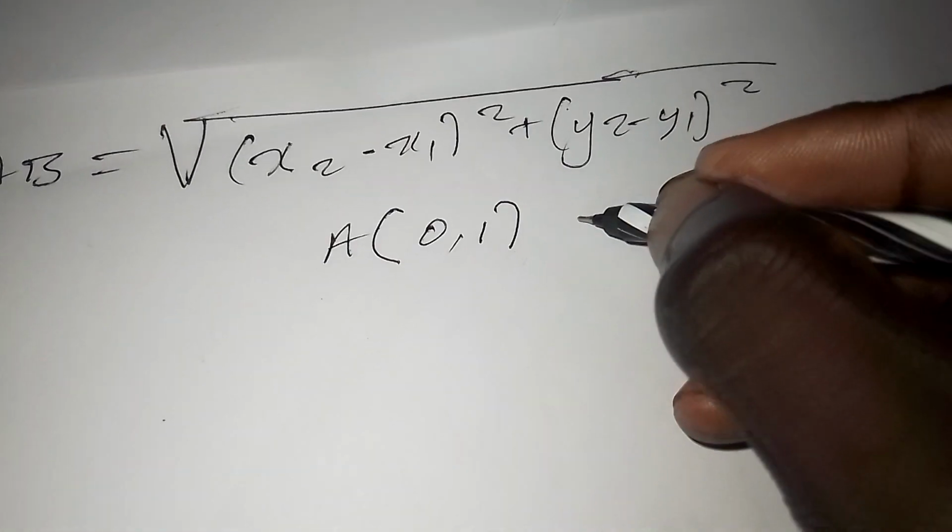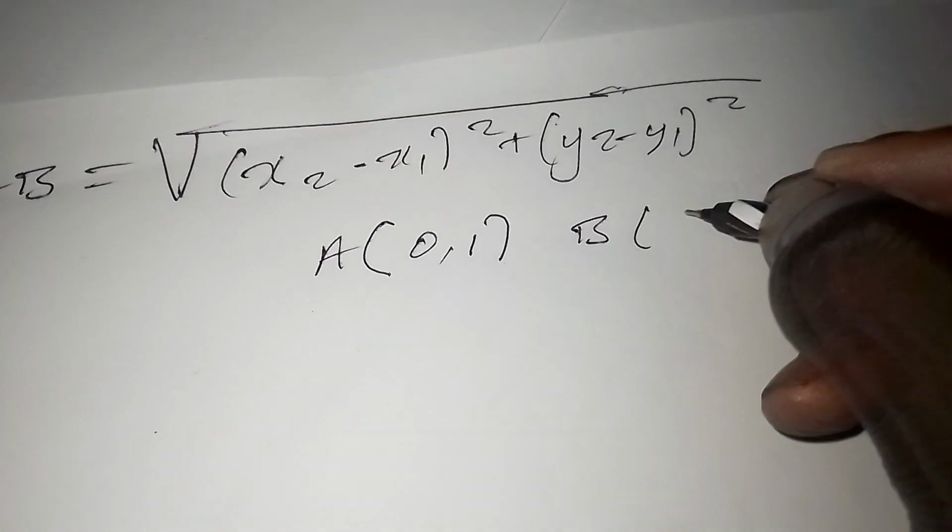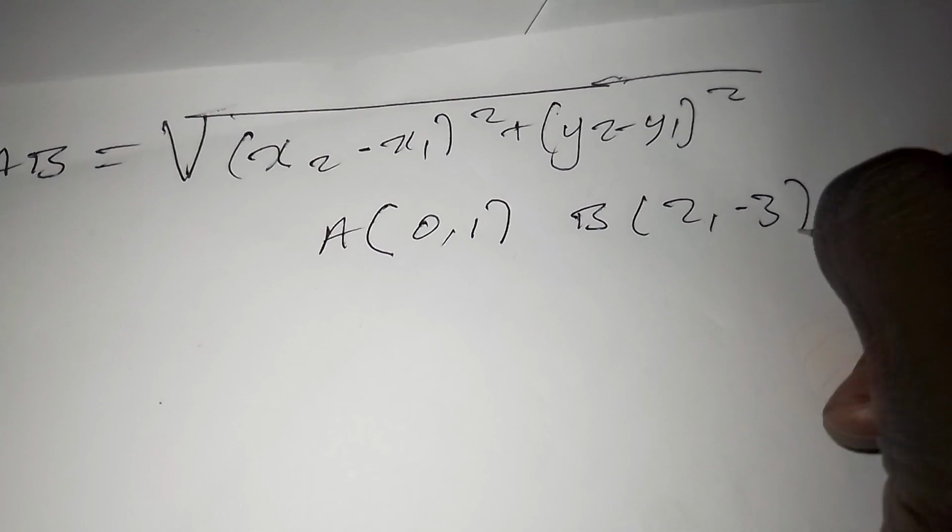Then of these coordinates, the same coordinates, A is 0, 1, and B we have 2, negative 3. So this is our x1, y1, x2, y2.